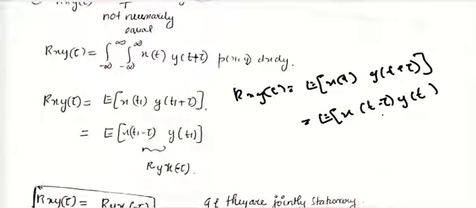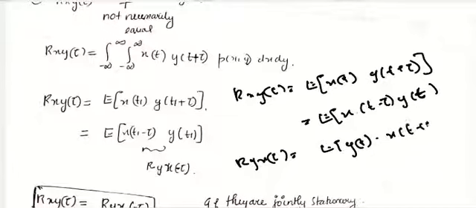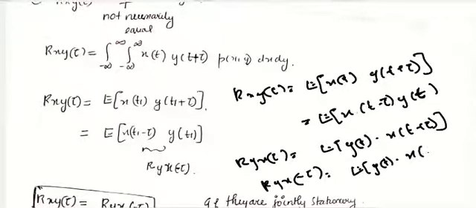So, what is r y x of tau? E of y of t into x of t plus tau, or for r y x of minus tau we get E of y of t into x of t minus tau, right. So, this one is equal to this one.